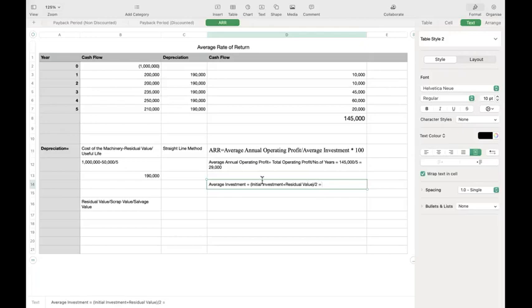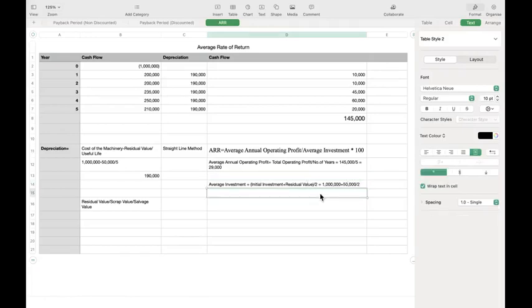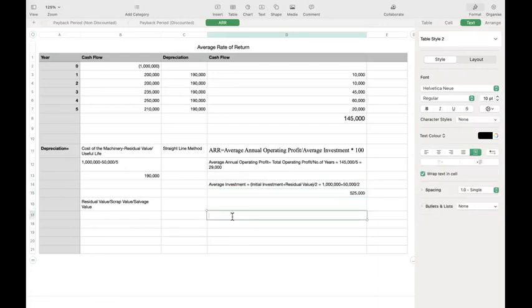So here, the initial investment is 1 million. 1 million plus 50,000 divided by 2. And we will be getting an answer of 525,000 pounds. So we have all the information to calculate the ARR.